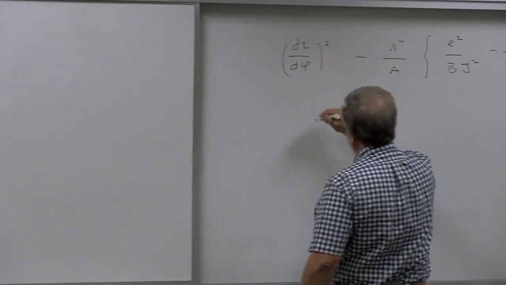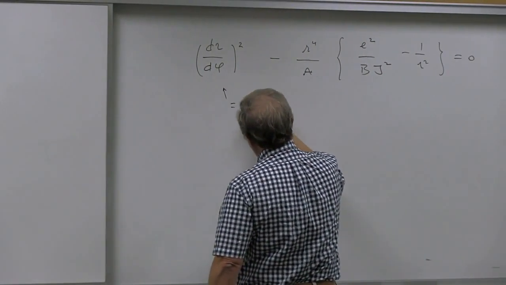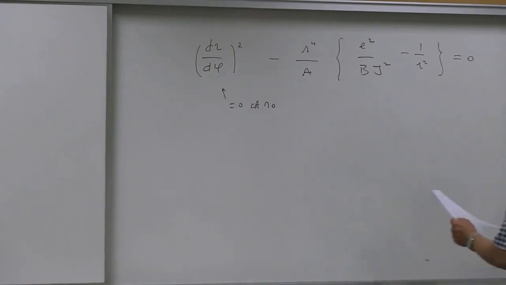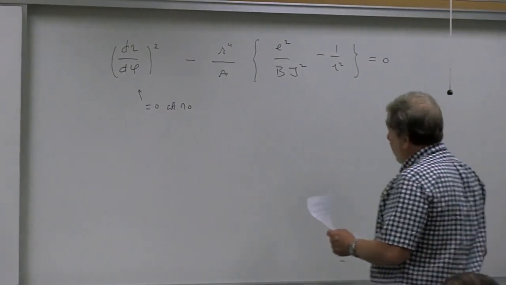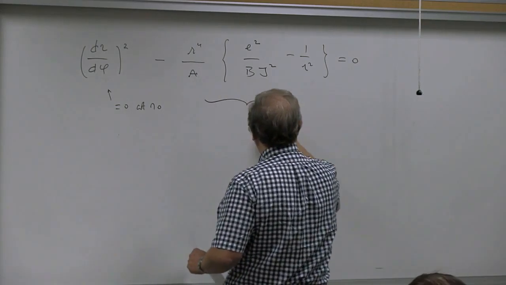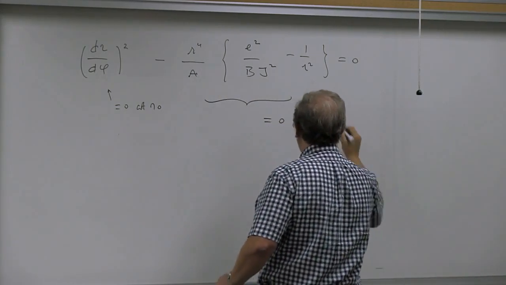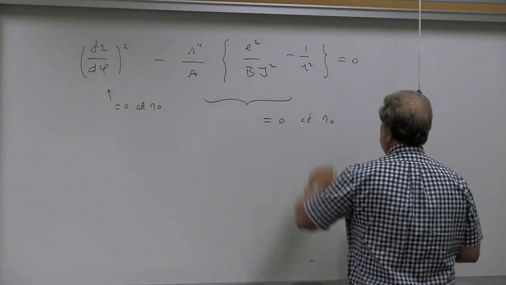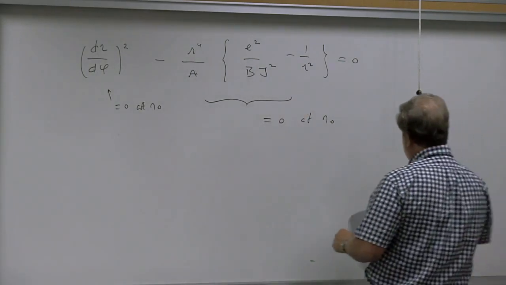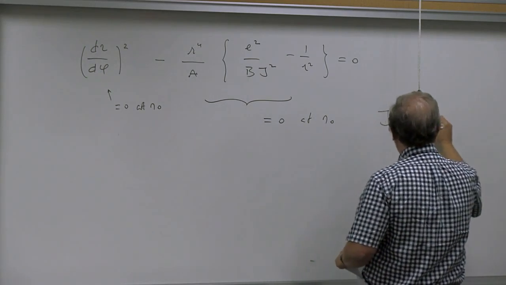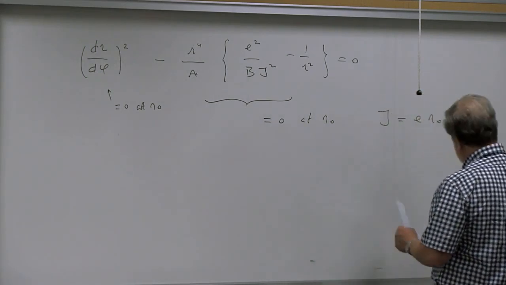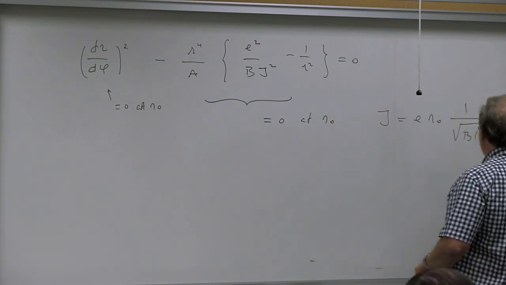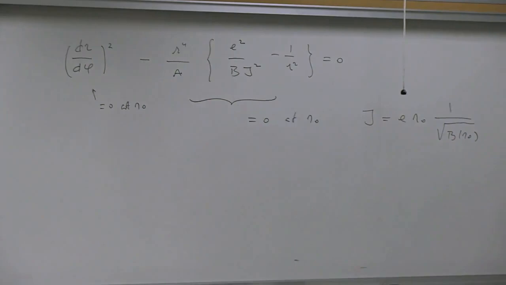Therefore, at r naught, this whole thing has to be equal to 0. What has to be 0 is the expression in parentheses. So that tells us that J is equal to E times R naught times 1 over the square root of B of R naught. So that determines the R naught.